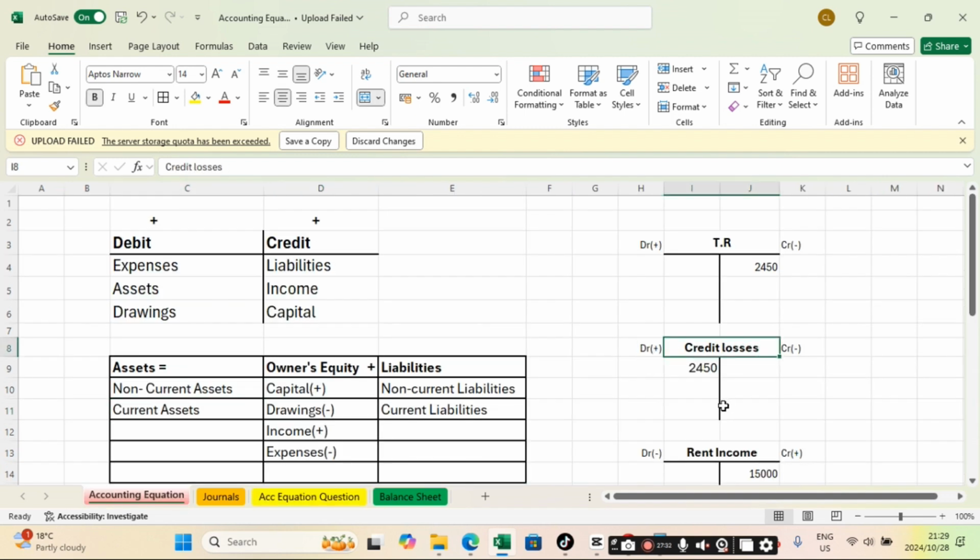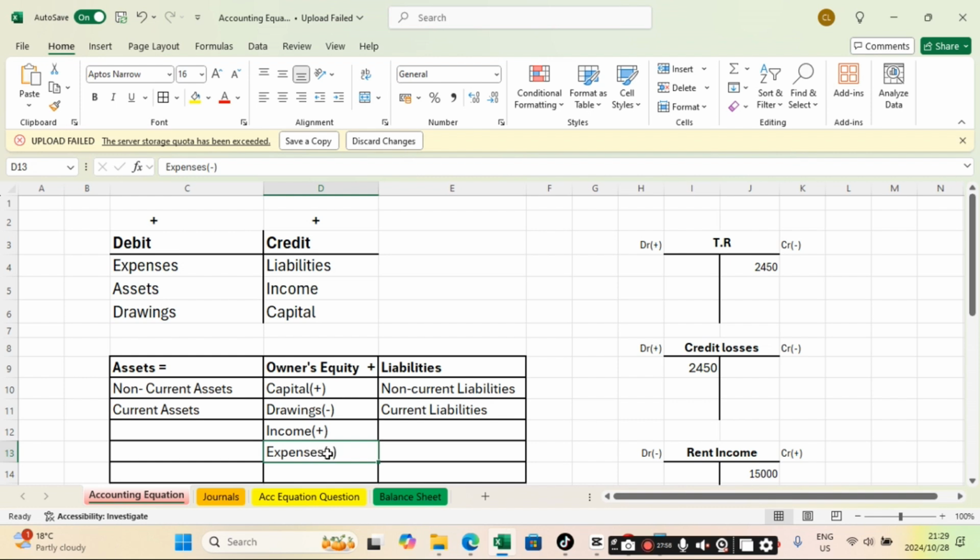Now, our credit loss on the accounting equation. Credit loss forms part of what? We already said it's part of our expenses. So where are our expenses? Our expenses are under our owner's equity. So our owner's equity will be affected.